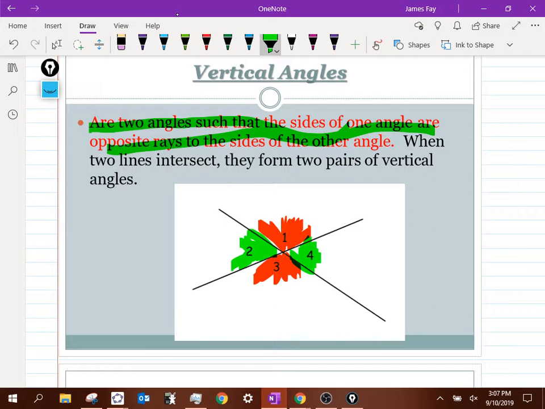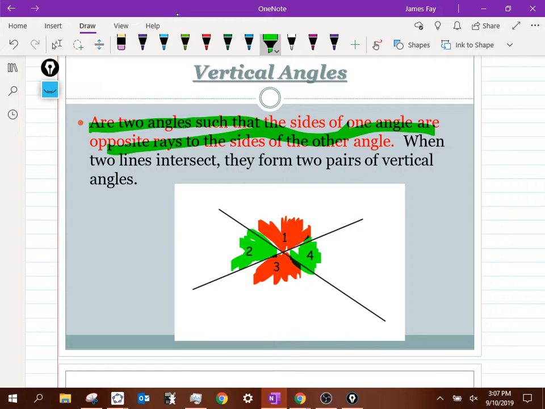In some pictures, nothing will look vertical or horizontal. It'll be at an angle, or rotated a little bit. But angle 2's sides serve as opposite rays for angle 4's sides, and vice versa. So 2 and 4 are also a set of vertical angles.